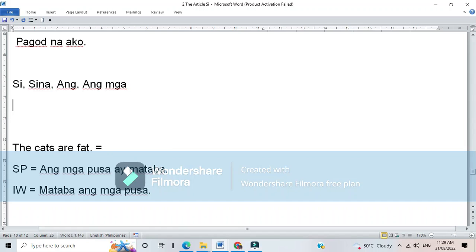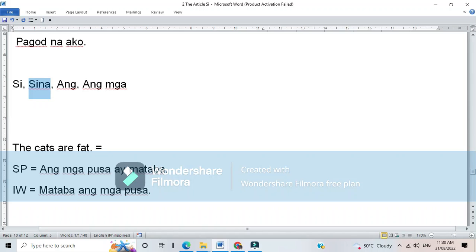Okay. So, let us review. So, this is the article. Article si is used to introduce a proper noun as the subject of the sentence. For example, Ana is beautiful. Si Ana ay maganda. That's in the subject predicate word order. And if we will say maganda si Ana, that's in the inverted word order. And sina is the plural form of si, and it's used to introduce two or more persons' names.